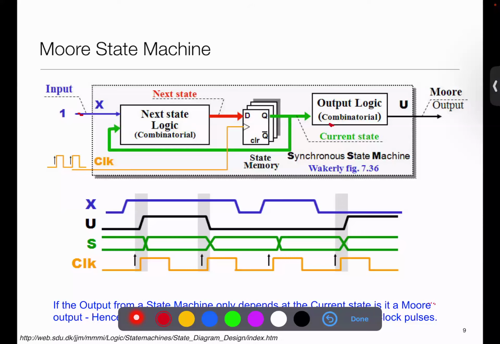If you look at this, it is clear that in case of a Moore machine, output is separated from the state, the output of the state vector, by some combinational logic, right? But effect of input doesn't show up on the output immediately. It's always delayed by a clock. But this output logic in general is going to add some delay. So if you look at the Moore output, it is not going to happen immediately after a clock tick, but after a little bit of a delay, whatever the delay of this output logic is.